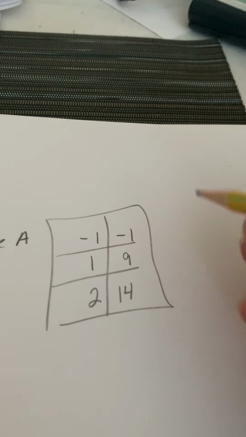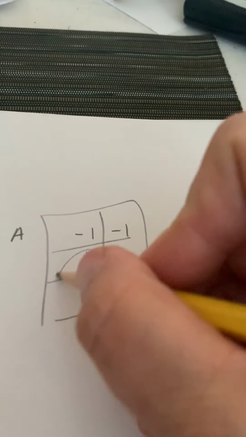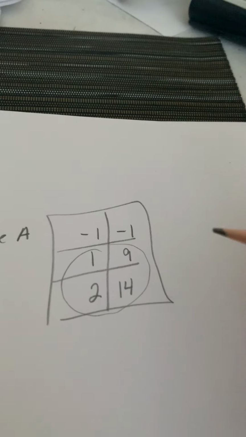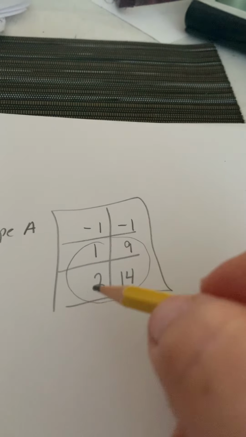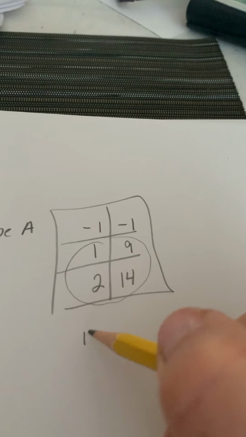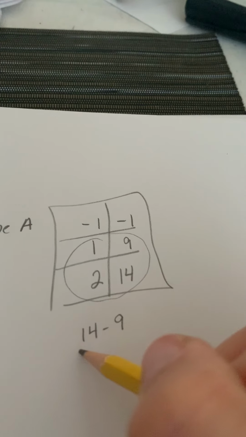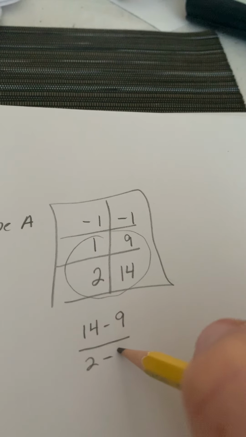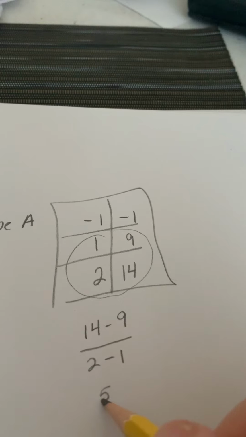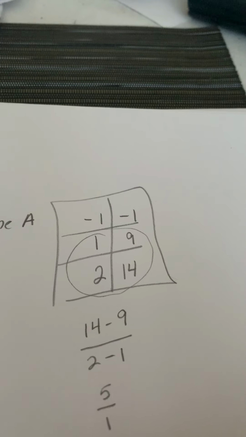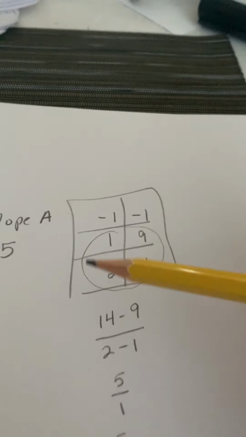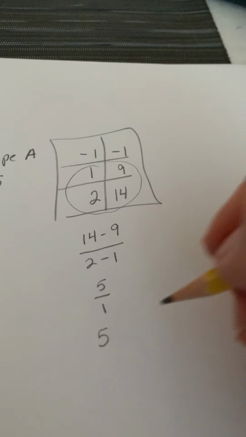So if they asked us for the slope, you would just find the slope by using the 2 easiest numbers to work with. I'd say avoid negatives if you can. So 14 minus 9, 2 minus 1. So you're going to have 5 over 1, or just 5. Now, if they asked for the slope, we'd be done here, but they actually want the y-intercept.